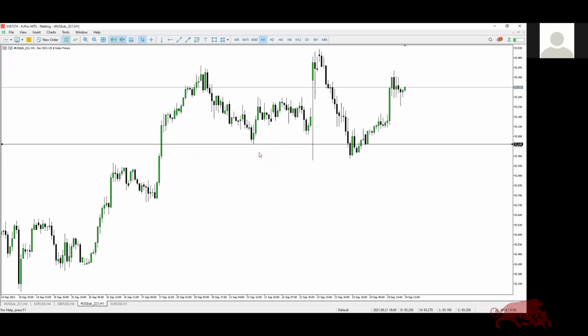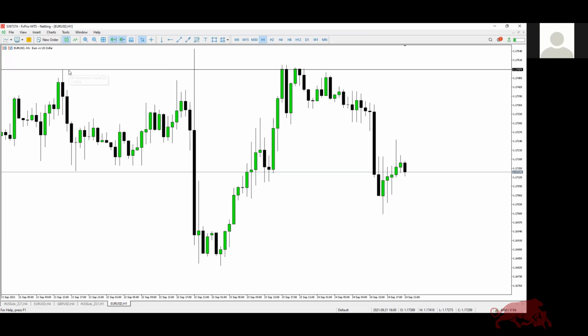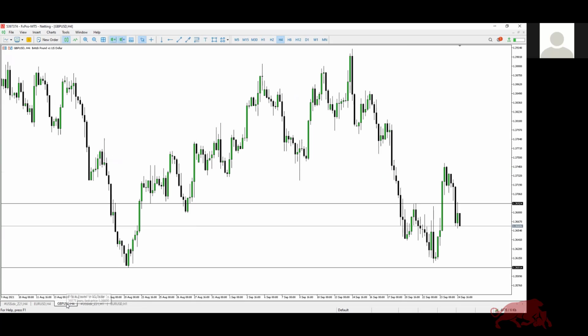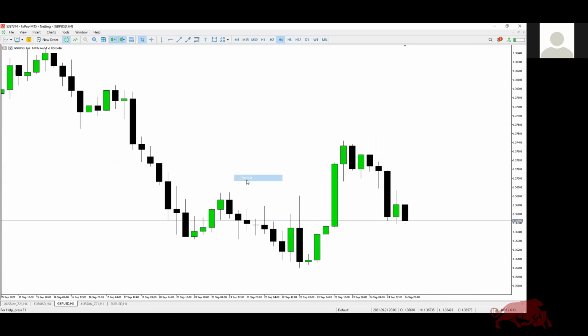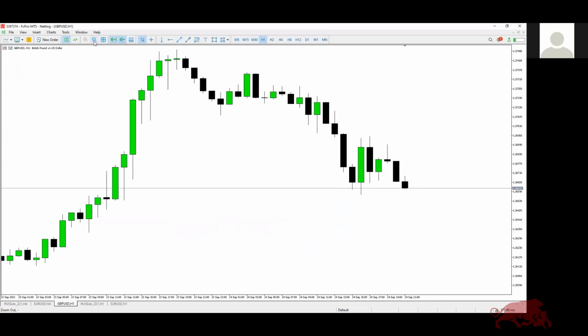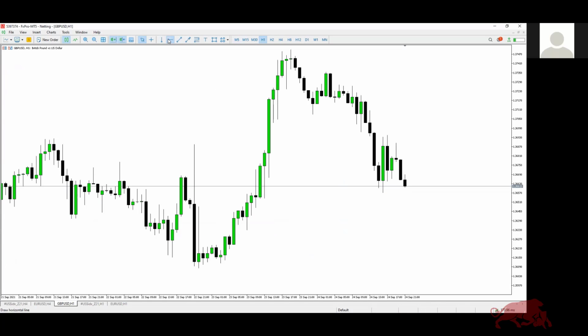With dollar taking out an old low below 93.040 and Euro USD taking out an old high above 1.1747, the significance comes by looking at Pound USD. During the same period of price action, Pound USD did not trade above 1.3692. So basically we had SMT divergence.